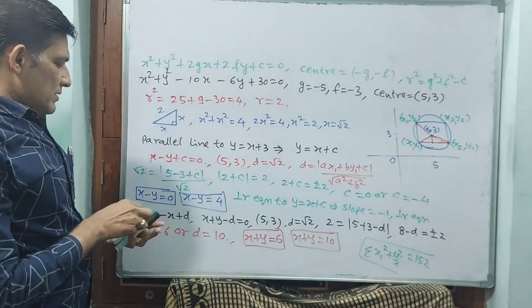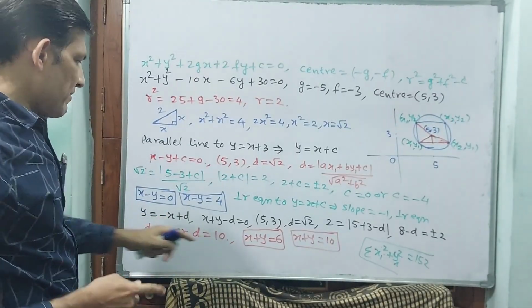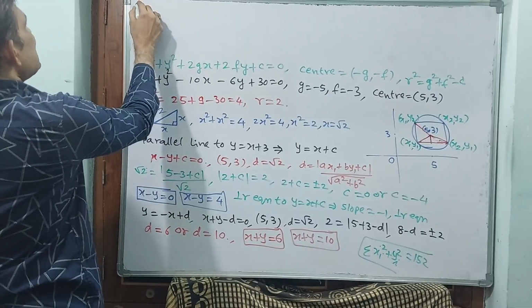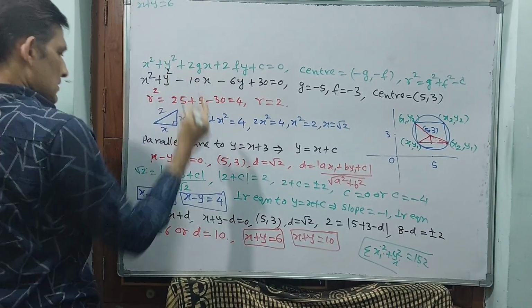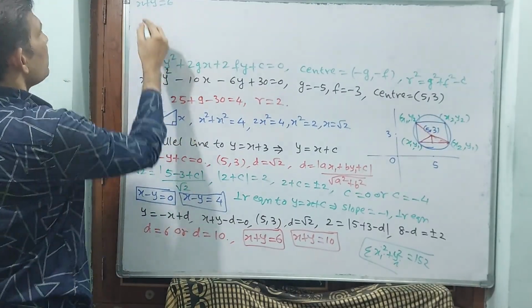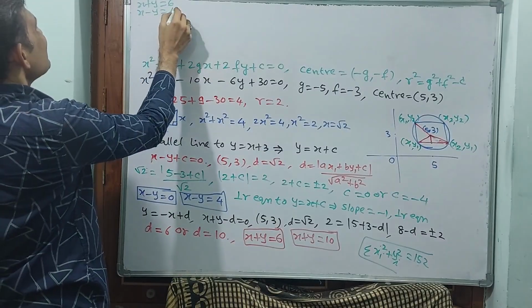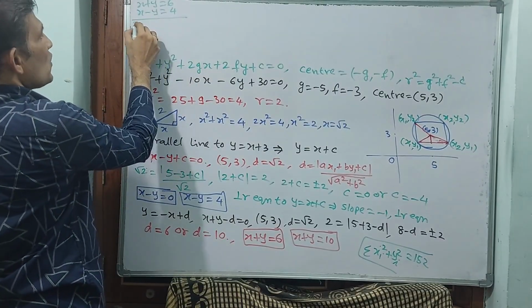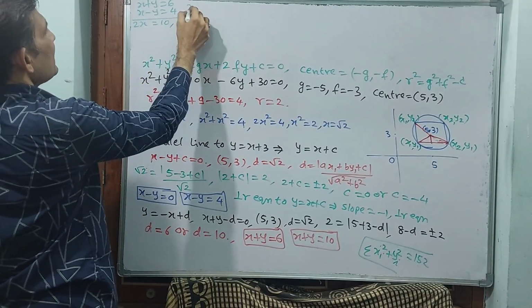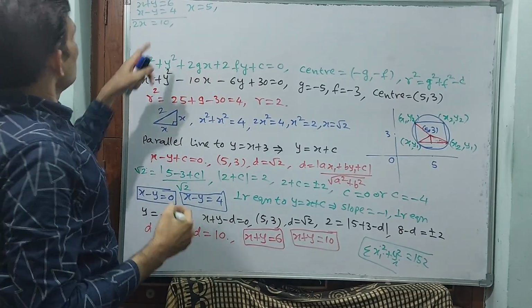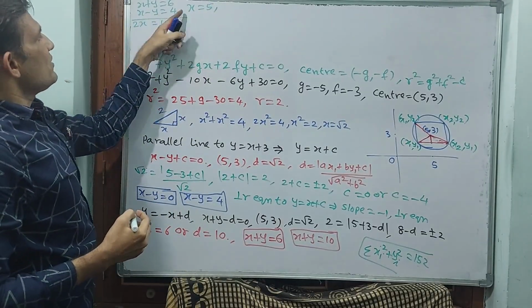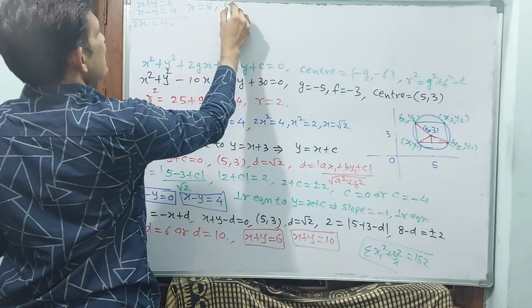Okay, now I will solve x plus y is equal to 6 and x minus y is equal to 4. 2x is equal to 10, x is equal to 5. When x is equal to 5, y is equal to 5 minus 4, 1.